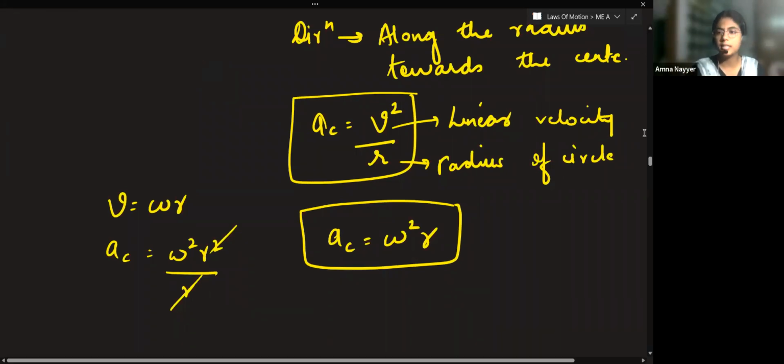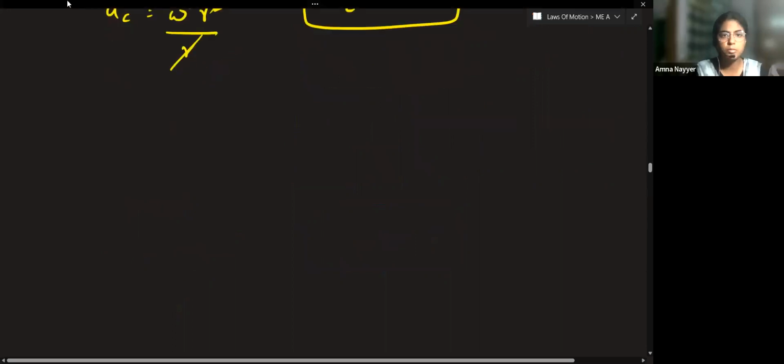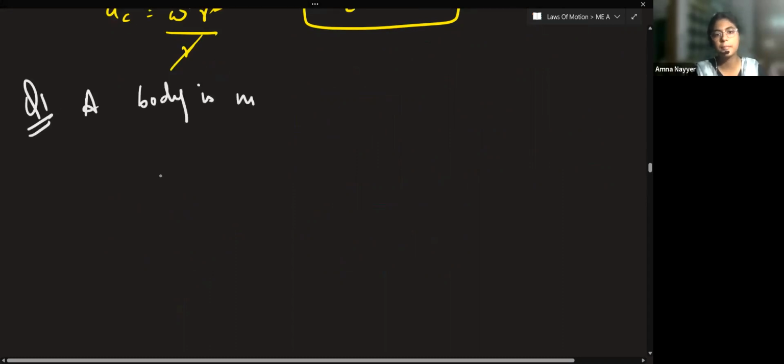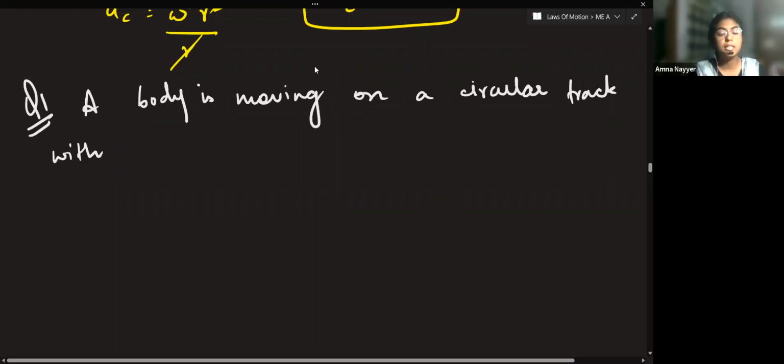For example, let's take a question. Let's understand this with the help of a question. A body is moving on a circular track with a speed of 10 meters per second. Fine.